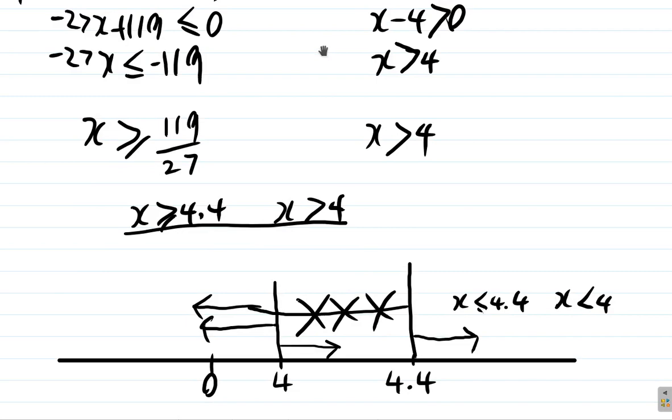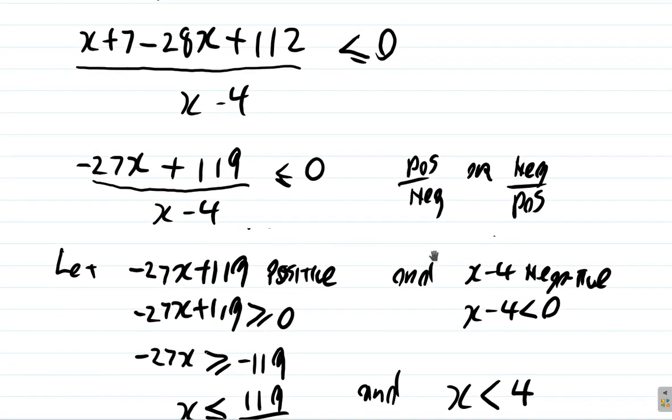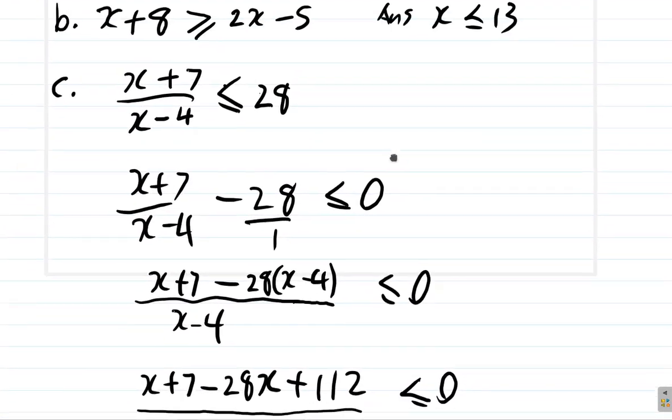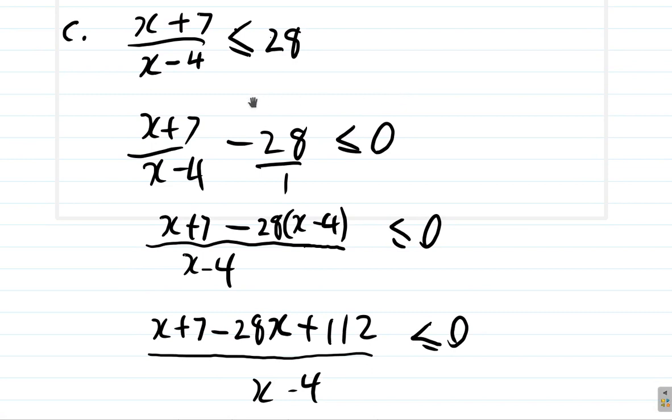Alright? So remember the steps to go through when you're working out an inequality like this. You cannot multiply by x minus 4 because you don't know what x is. So you don't know whether x minus 4 is positive or negative.